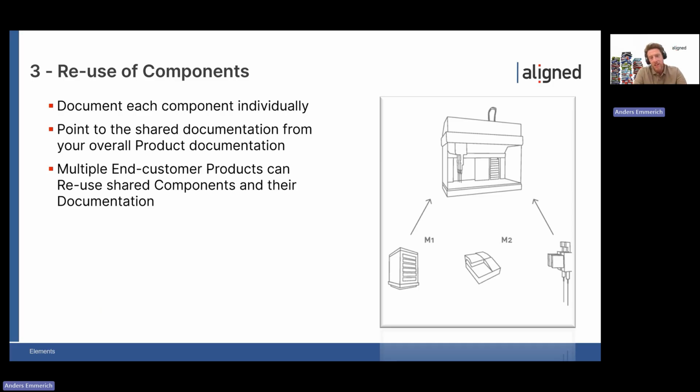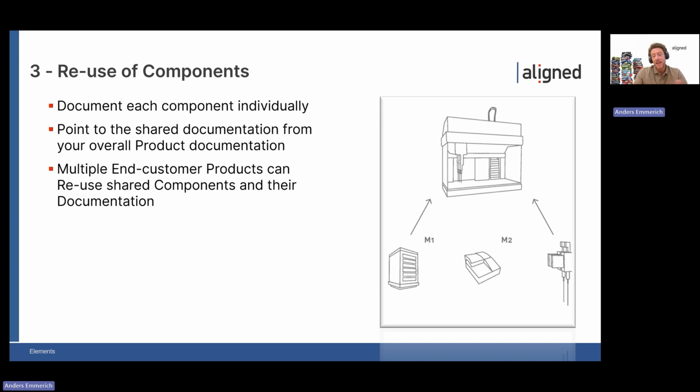So if we imagine that we build our documentation by documenting each component as a separate little documentation project, then we can pull in the documentation from a number of component technical files and create the grand technical file for the end customer product.